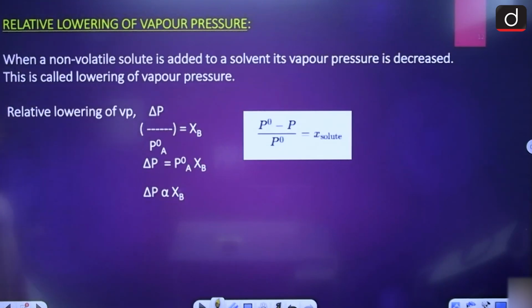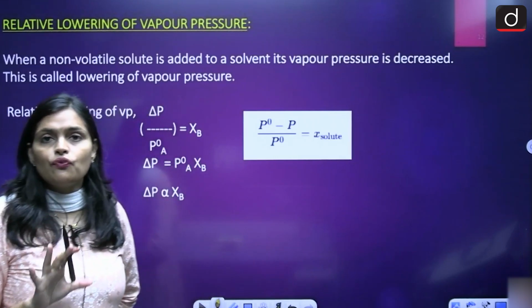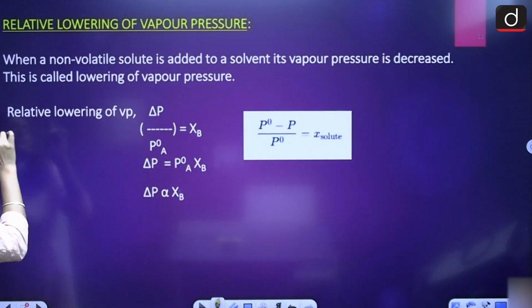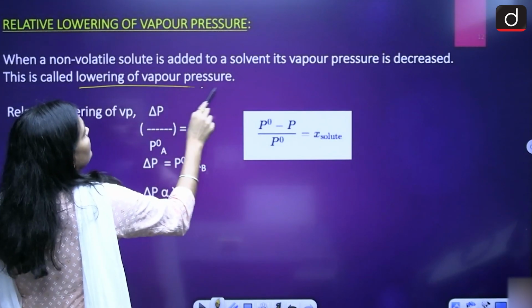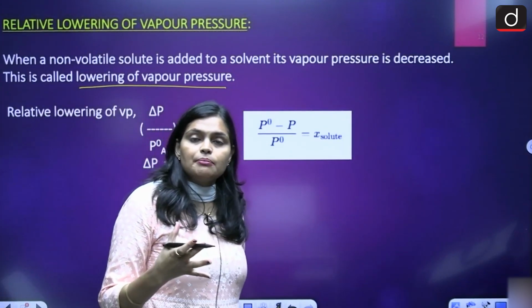So when a non-volatile solute is added to a solvent, its vapor pressure is decreased. This is called lowering of vapor pressure. What do you mean by that?